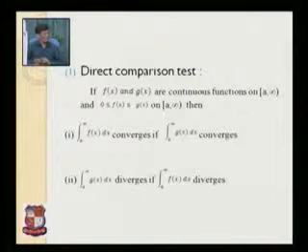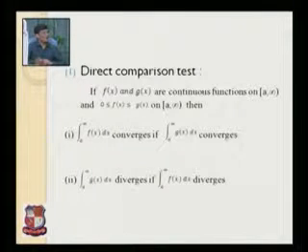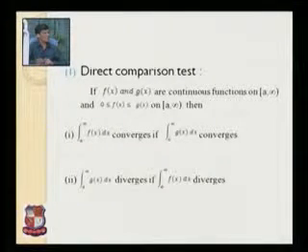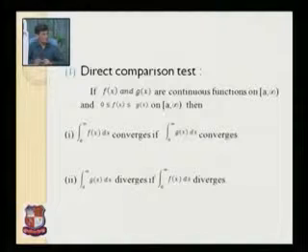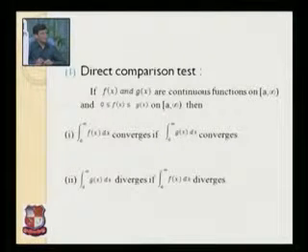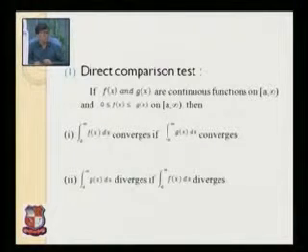First, the integral from a to infinity of f of x dx converges if the integral from a to infinity of g of x dx converges. Second, the integral from a to infinity of g of x dx diverges if the integral from a to infinity of f of x dx diverges. Let us try to understand this direct comparison test.